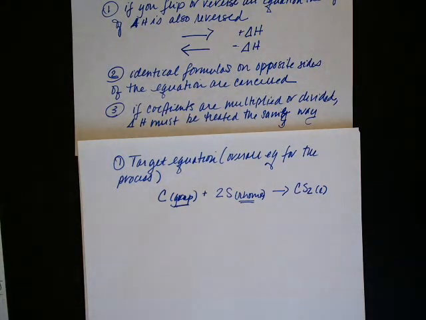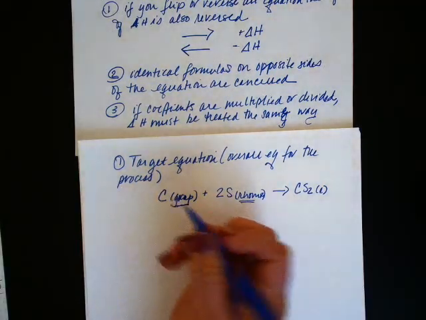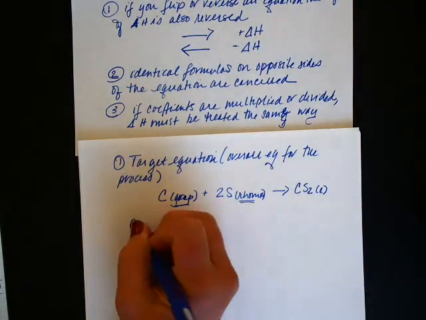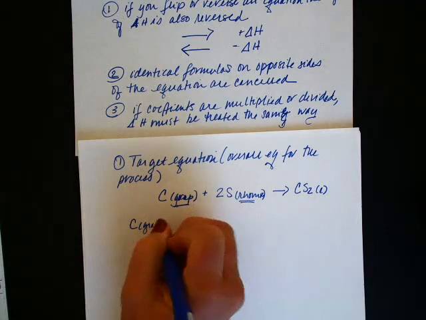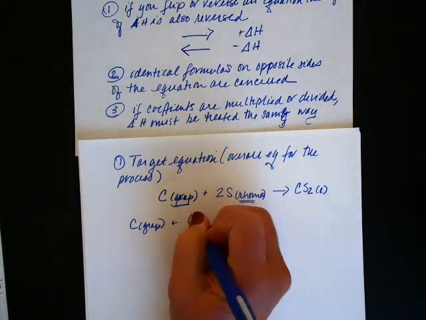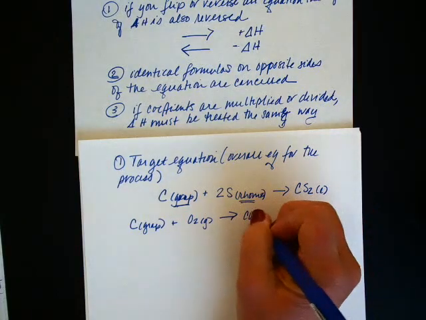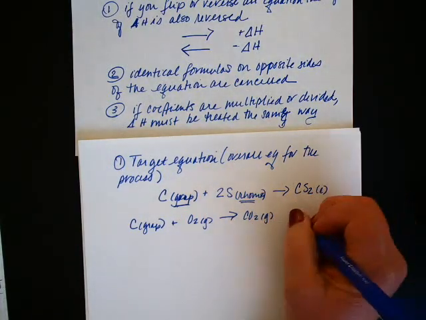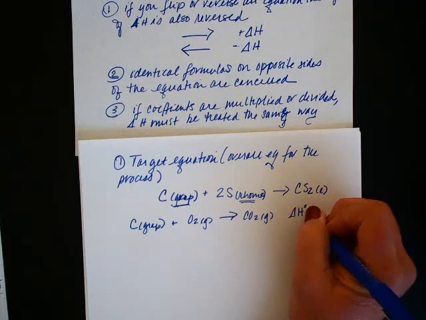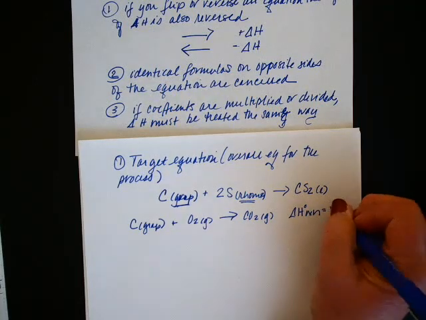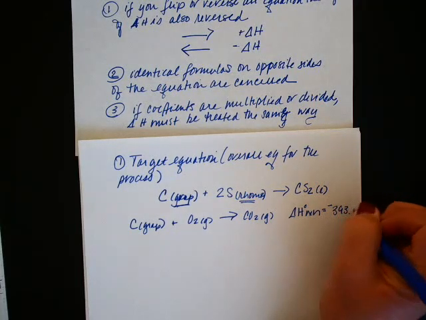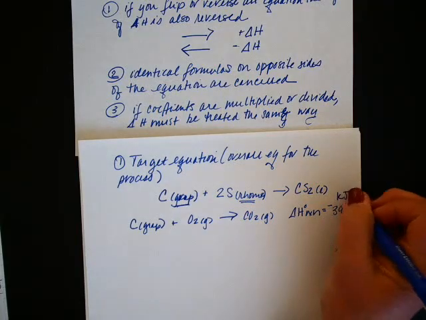And we are given 3 equations to work with. We're given C graphite plus O2 gaseous, which will produce CO2 gaseous, and the delta H associated with that reaction is negative 393.5. In this column, those are all going to be kilojoules.